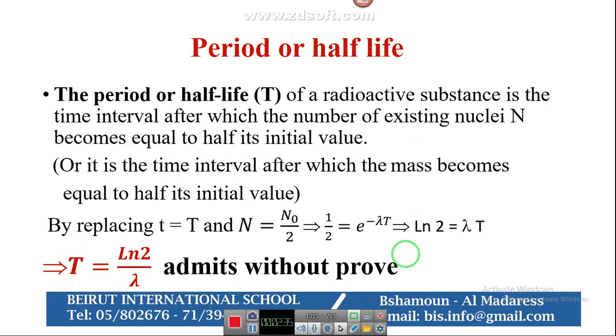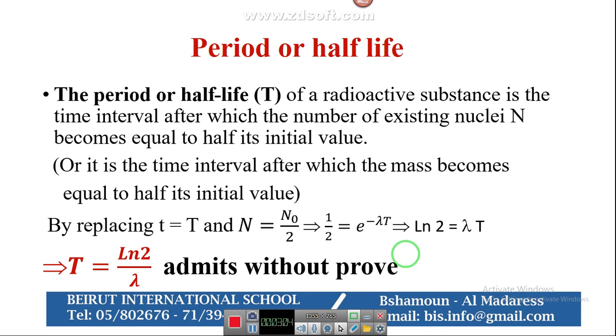This means that N0 over 2 equal N0 exponential minus lambda T. We get that 1 over 2 equal e to the minus lambda T. This means that minus ln 2 equal minus lambda T, which implies T equal ln 2 over the decay constant.